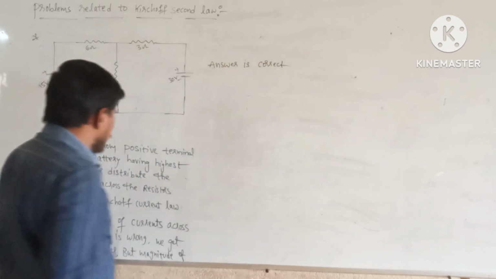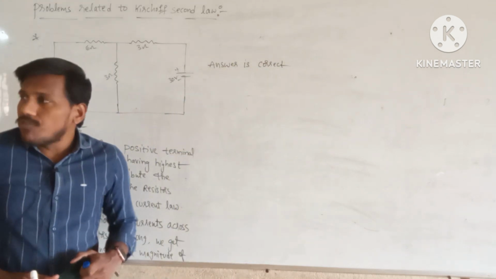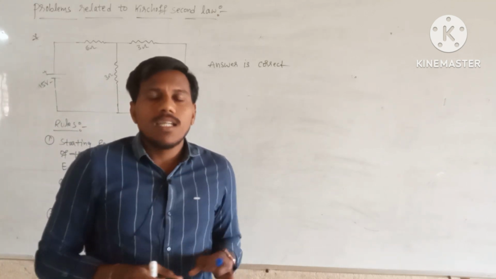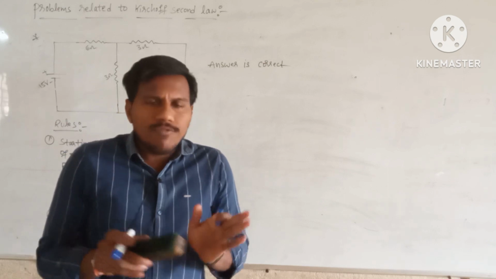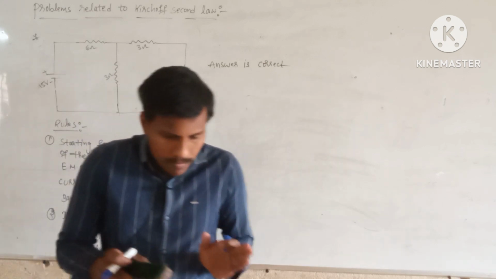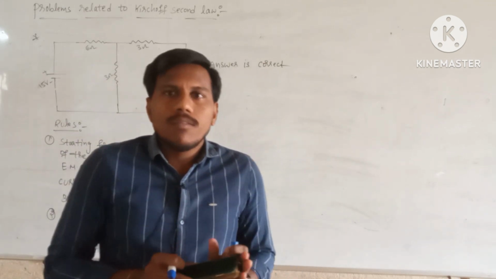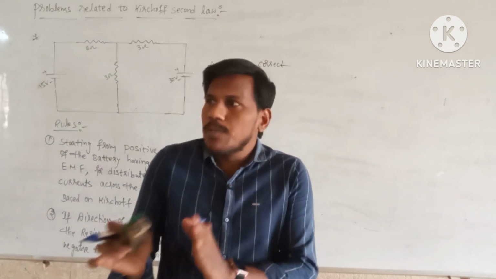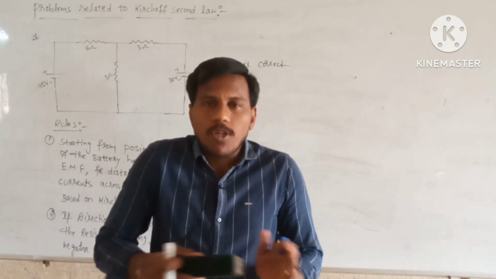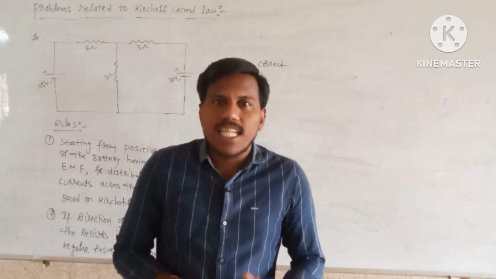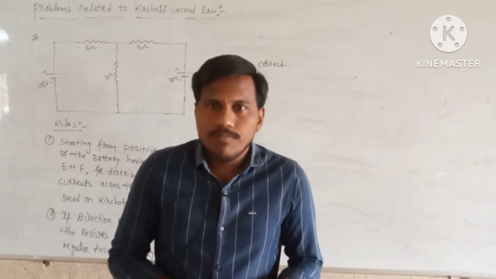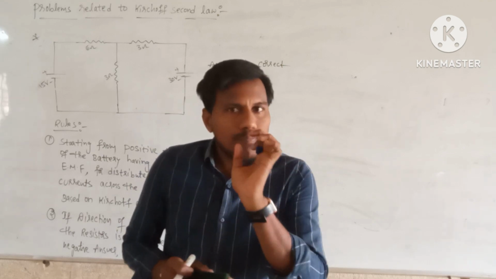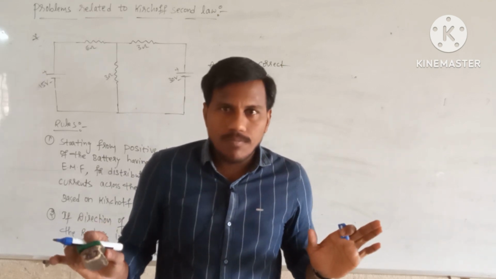So after distributing the currents across the resistors in the given diagram, if the direction of currents is correct, we get the answer in positive. If the direction of currents across the resistors is wrong, we get a negative answer, but the magnitude of the answer is correct.